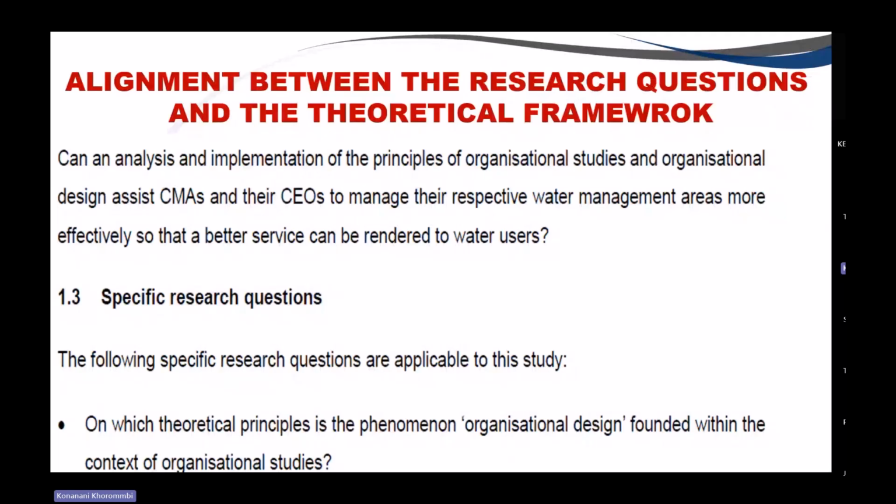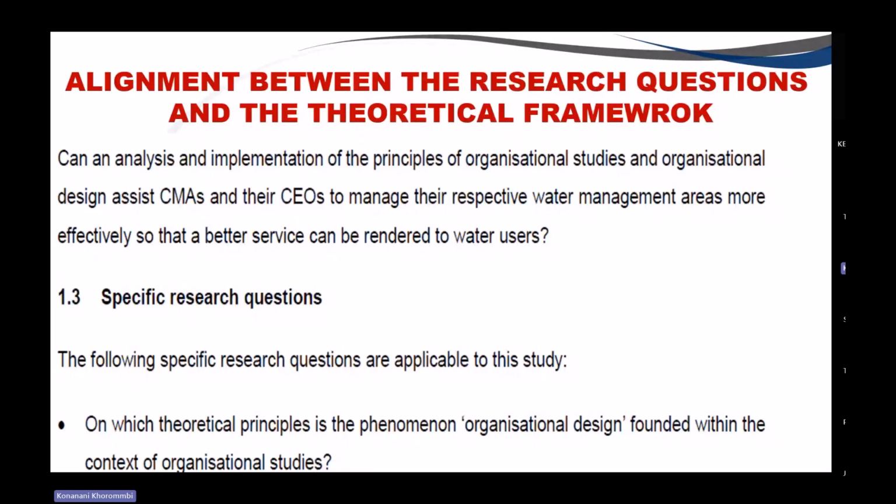And this research question follows immediately below the statement of problem. We have just read in earlier slides that there should be a link between the statement of problem and the research question. Here, the statement of problem made reference to the principles of the theory, whereas this research question also makes a reference to the theory.